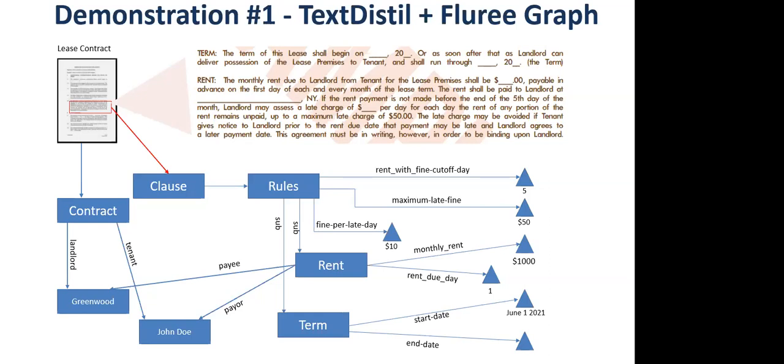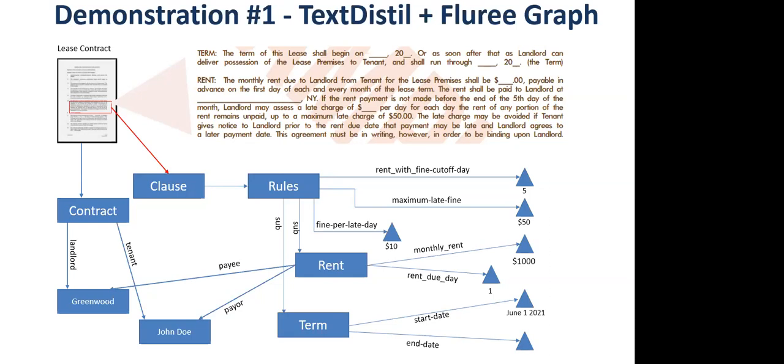The terms of the contract, the agreement between the parties, can be disambiguated, removing discretion and the need for interpretation, if you can do that, which is what TextDistil can do based on the ontology.